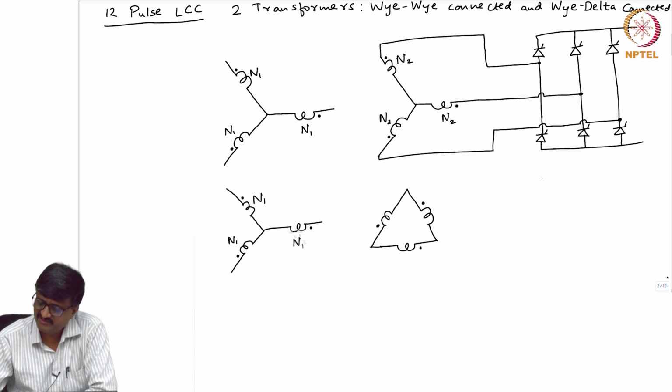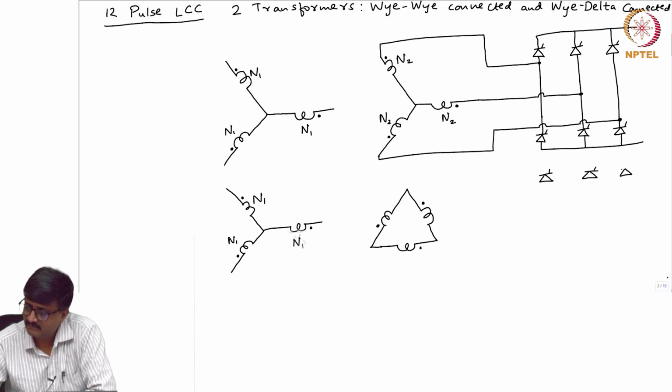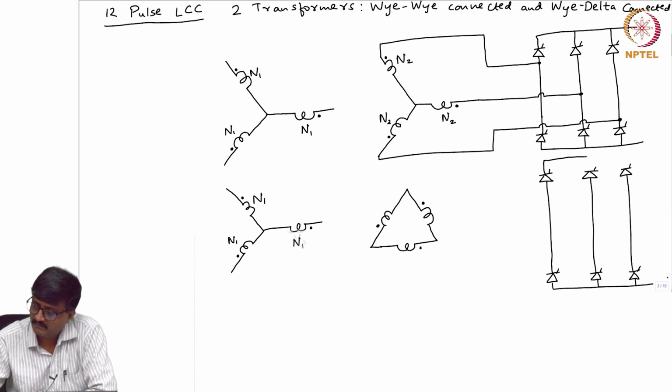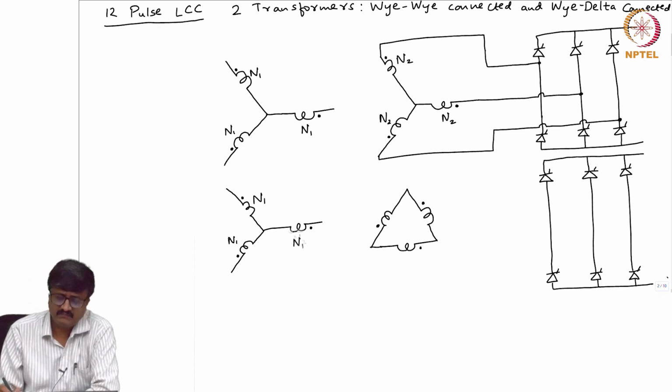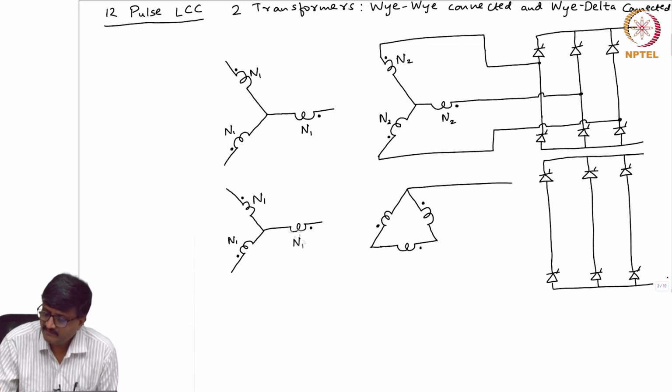Then there is one more 6 pulse LCC, and we connect the terminals of this delta side to the AC side terminals.